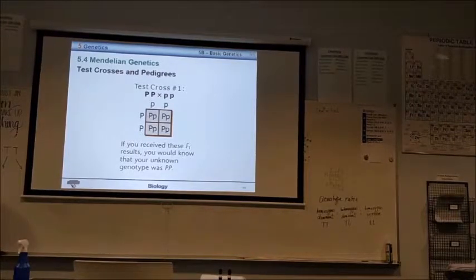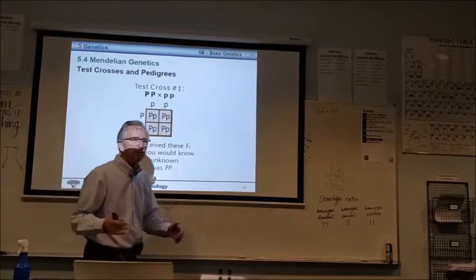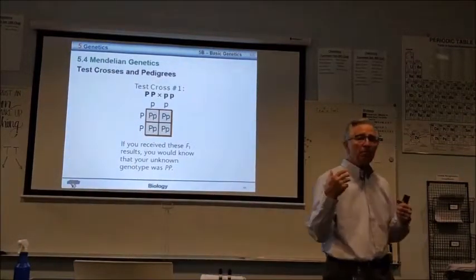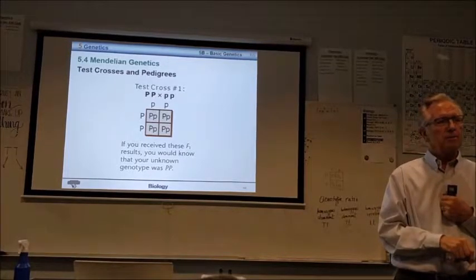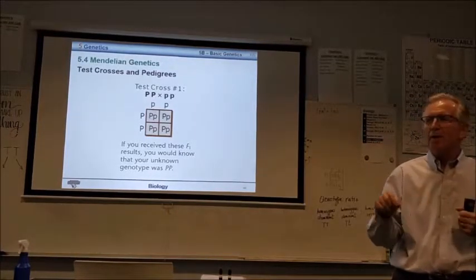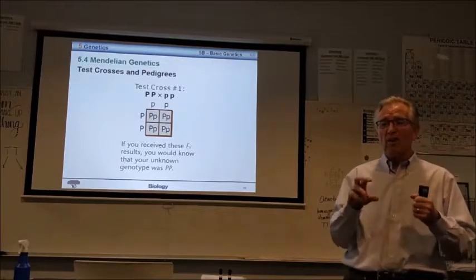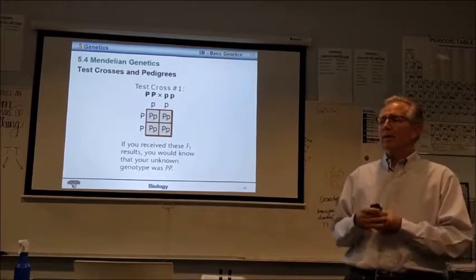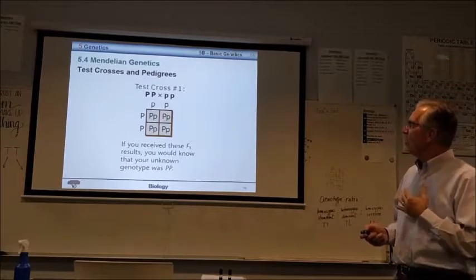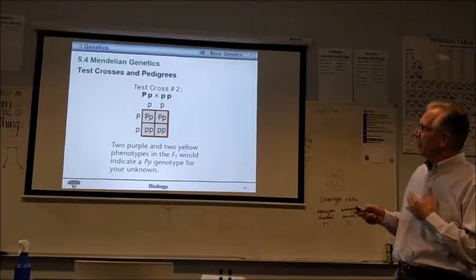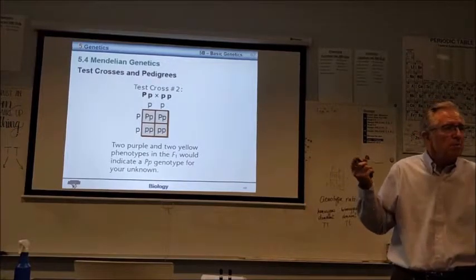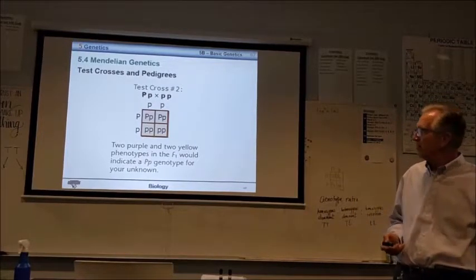I get half of them that are tall, and half of them that are short. So if I find any that are short, that means that the organism in question had to be heterozygous. That's why we call it test cross. But in each case, we're always crossing it with a homozygous recessive to be able to verify which one it is. So those are the different combinations that we had. I just used T's, but here they're using P's. But it's the same idea.